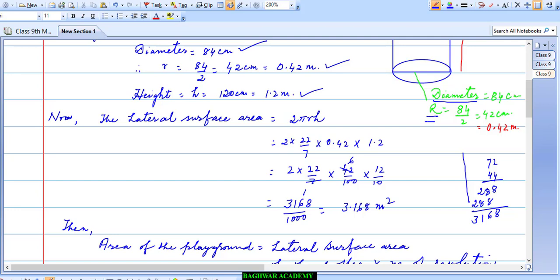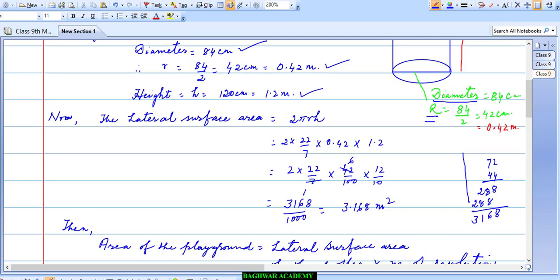So 2 into pi, meaning 22/7, into r, where r is equal to 0.42 and h is equal to 1.2. So the simplification is easy. I don't think you will have a problem. 2 into 22/7 into 42/100. This 0.42 we had. After the decimal we had how many digits? 2. So we have put 2 zeros. Here 1.2 we had. After the decimal we have 1 digit.